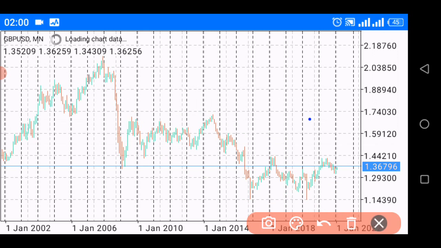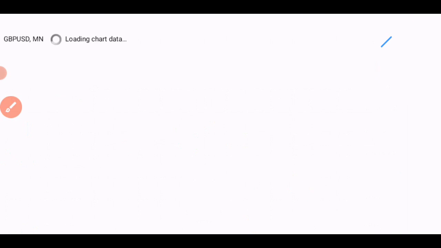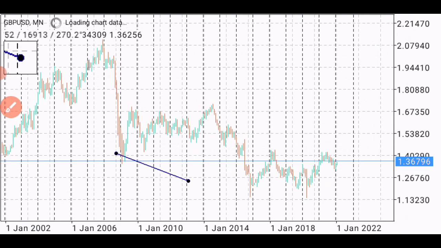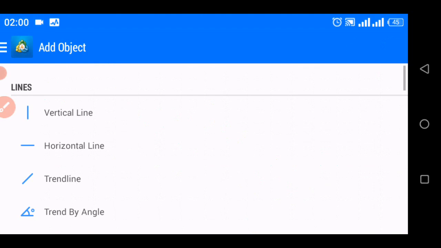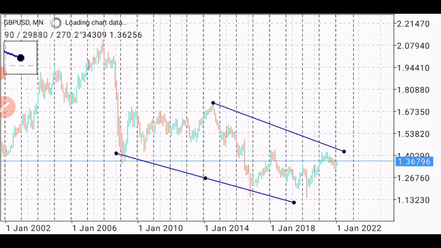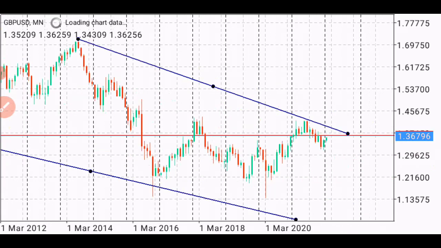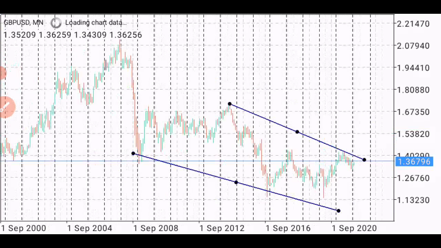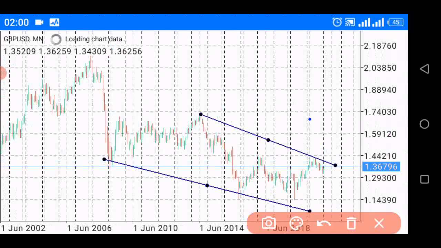So let me start by constructing. You can see this, we are having something like a channel that has two touches on both sides, and presently in this channel we are having another impulsive and corrective movement.